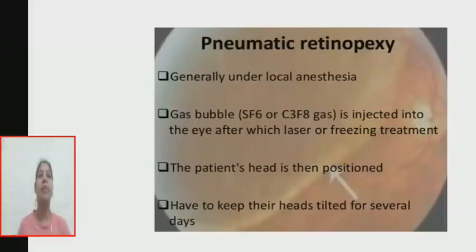Pneumatic retinopexy. Generally under local anesthesia, a gas bubble of SF6 or C3F8 gas is used.